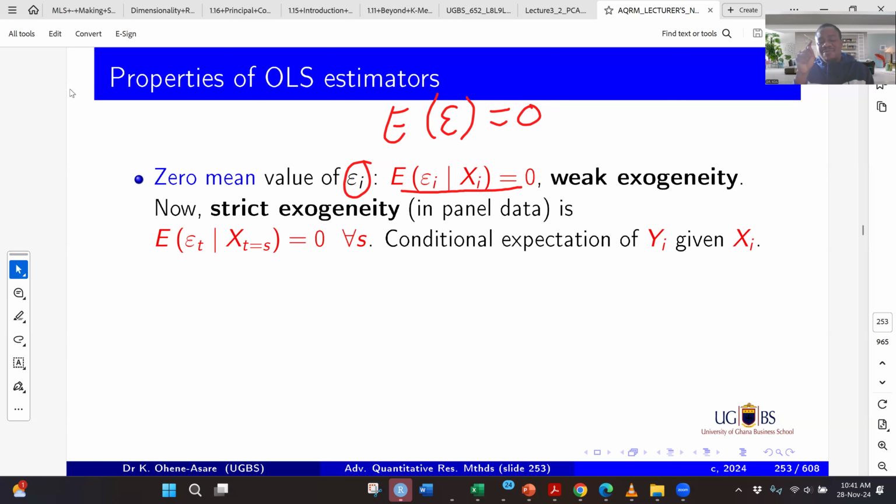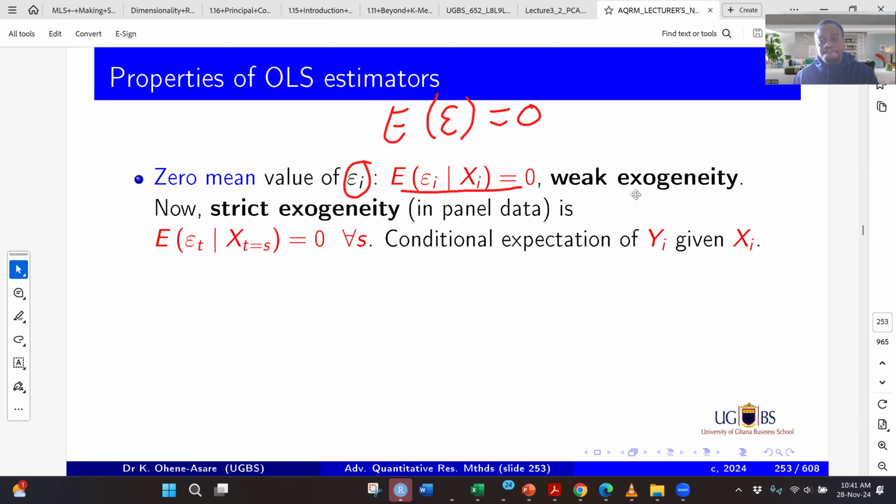That is why the error is sometimes called the disturbance term. It can disturb the relationship you originally modeled. And so one of the assumptions of regression is: ensure that the expected value of the error term is 0.